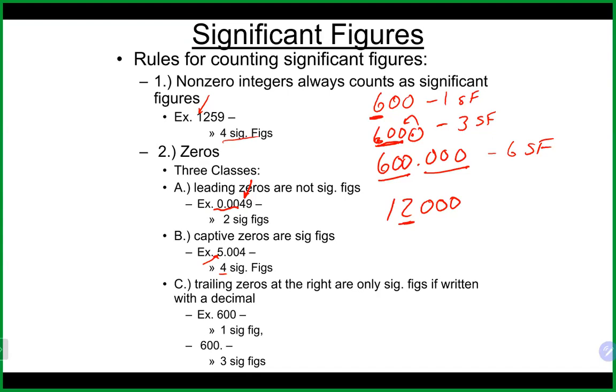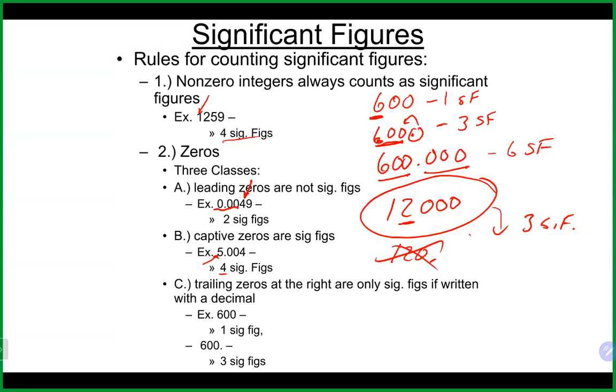Here, let's say I wanted this number to have 3 significant figures. Can I do that in decimal form here? Is there a way to get it to 3 significant figures in decimal form? Yeah, in this case, you cannot do it in decimal form. You may be thinking if I did 120, that's 3 significant figures, right? But there is a difference between 120 and 12,000, which is not good.